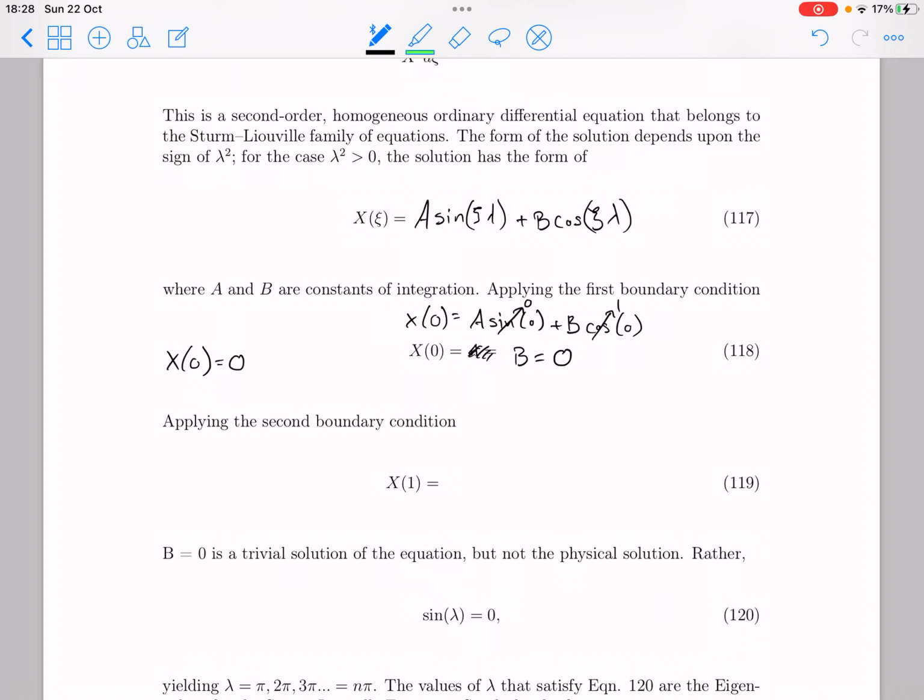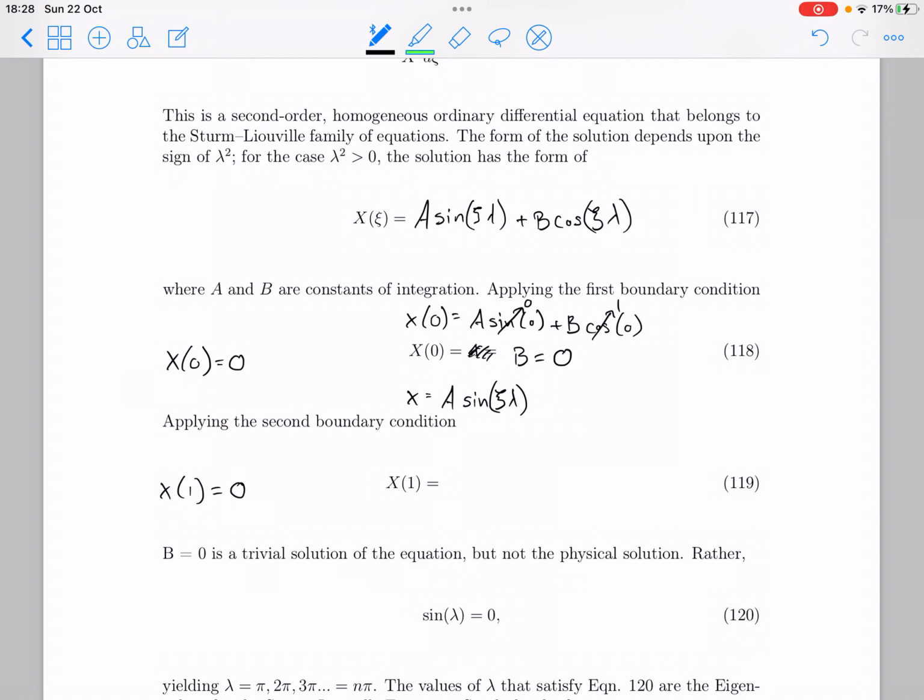So we've solved for our first constant of integration. The constant of integration multiplying the cosine term is 0. And that means that our new expression for X is only a function of sine. Awesome. So now we can apply our second boundary condition, which is at a position xi equal to 1.